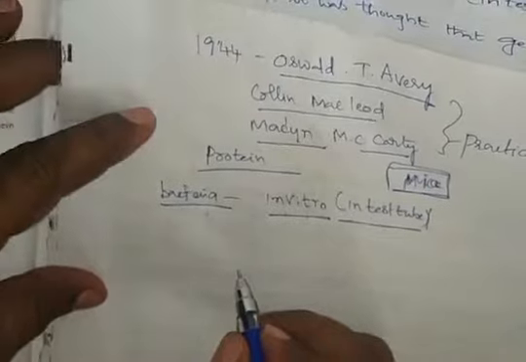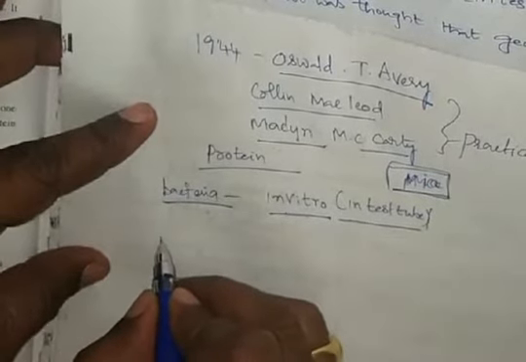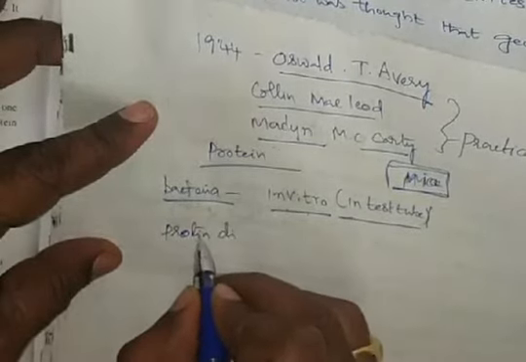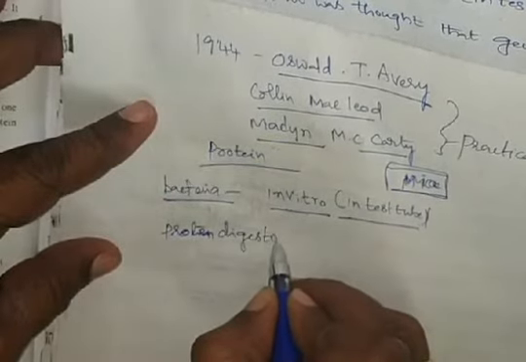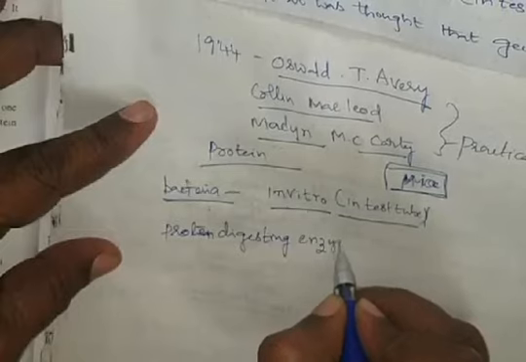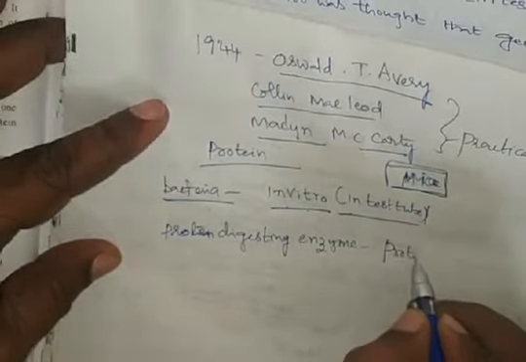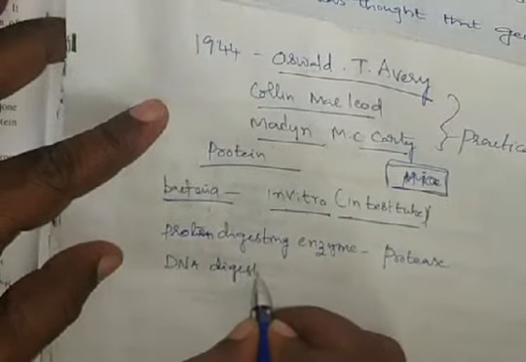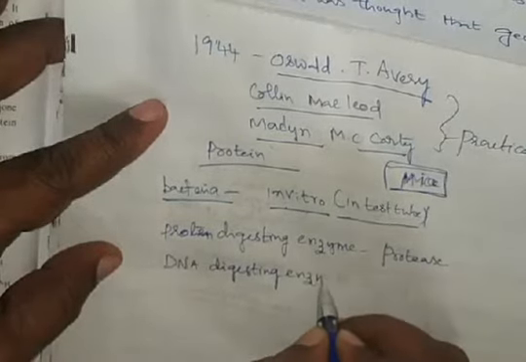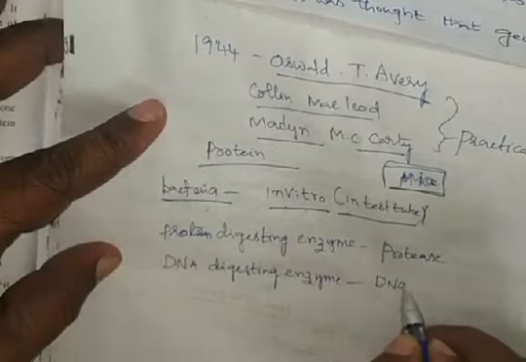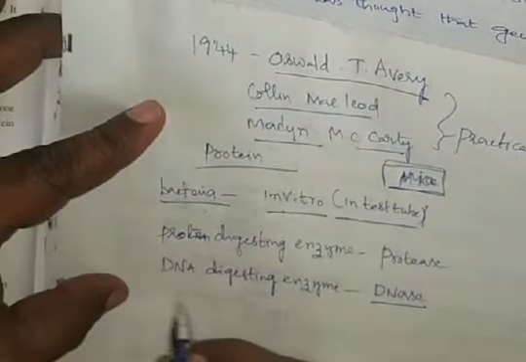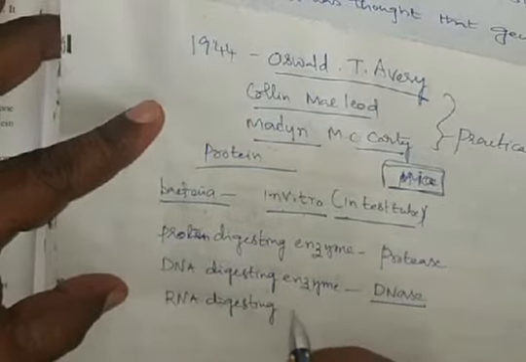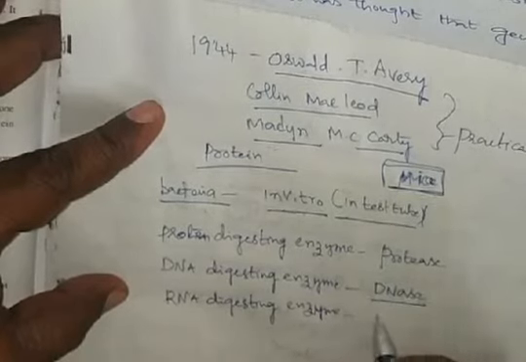And also they developed some chemicals: a protein digesting enzyme, that is a protease; a DNA digesting enzyme, that is a DNase; and an RNA digesting enzyme, RNase.